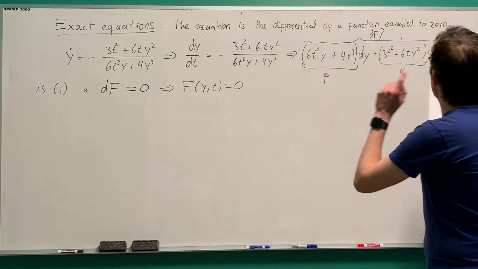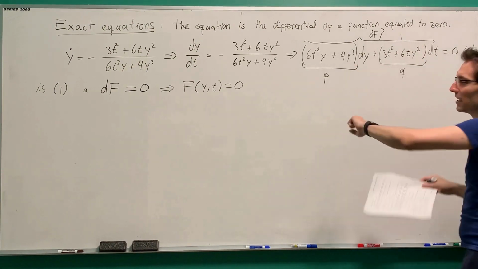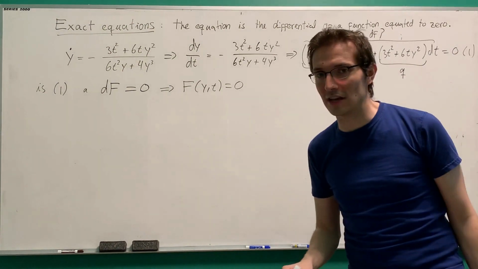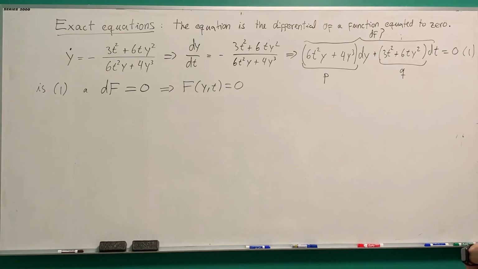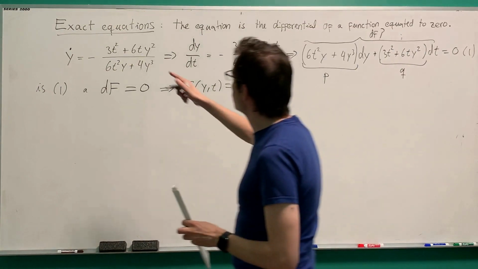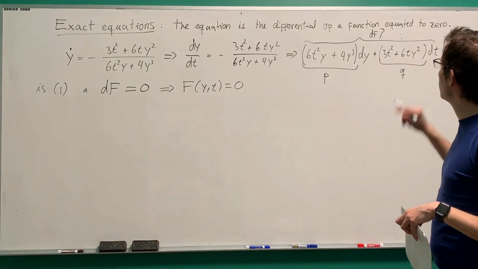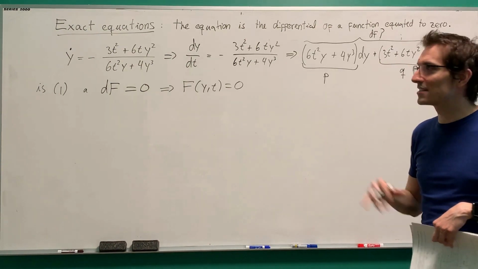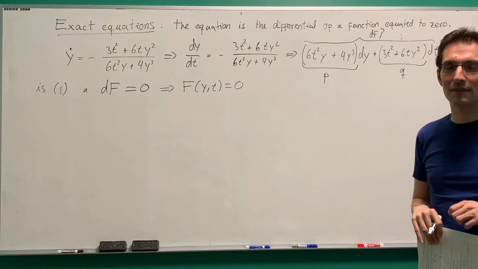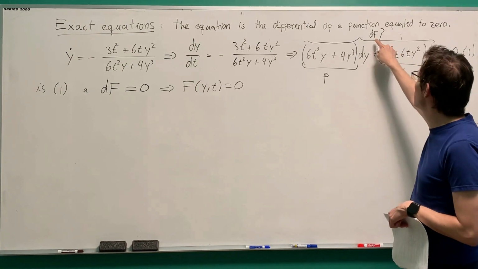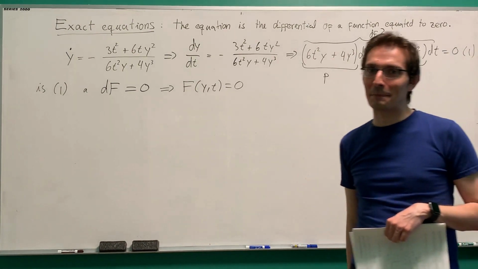So if I'm able to find an f so that this is the differential, then finding the f is solving the equation, as we will see. If you're asked to give the general solution to this equation, the first thing you should do is check if it's an exact differential form, which means it's the differential of a function.